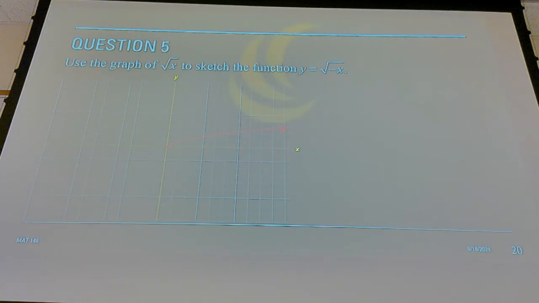You reflect across the y-axis. Sketch, so something like that.